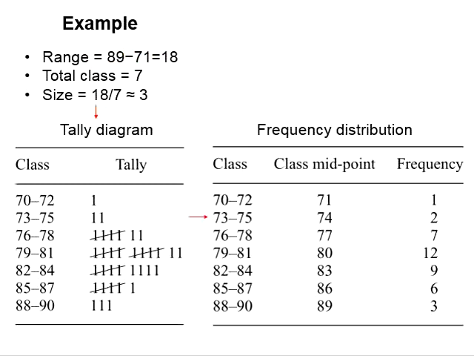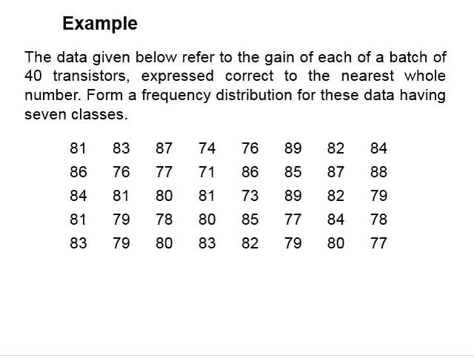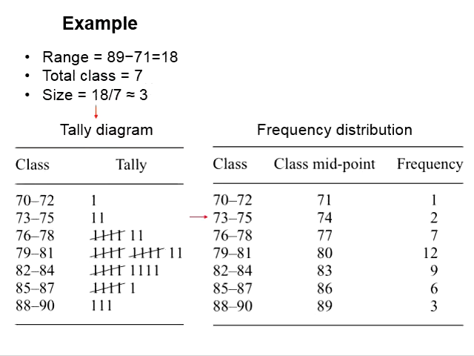The difference between the highest and the lowest value is 18. There will be 7 classes as required by the question. With that, we need to divide 18 by 7 classes to determine the size of each class. The size is about 3.